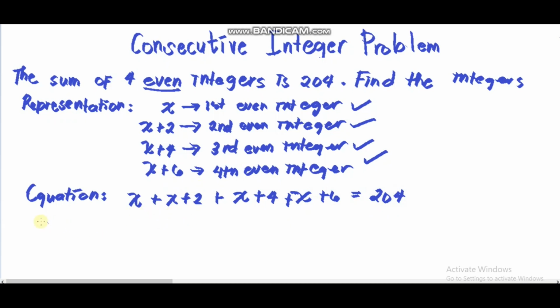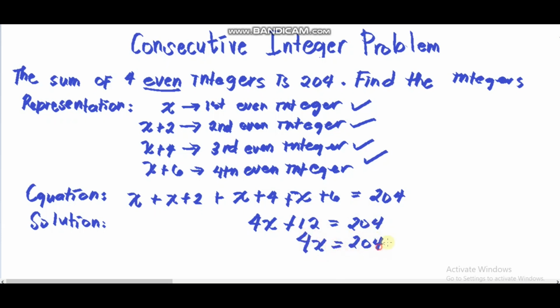Combine like terms, and we will have our solution. So combining like terms, 1, 2, 3, 4, we have 4x. 2 plus 4, that is 6, plus 6, that is 12. Equals 204. 4x equals 204 minus 12.